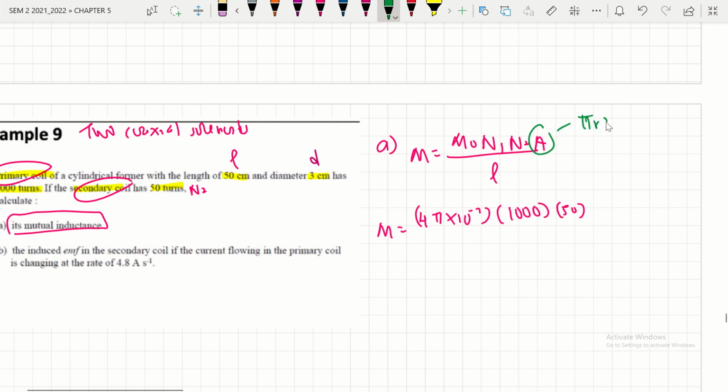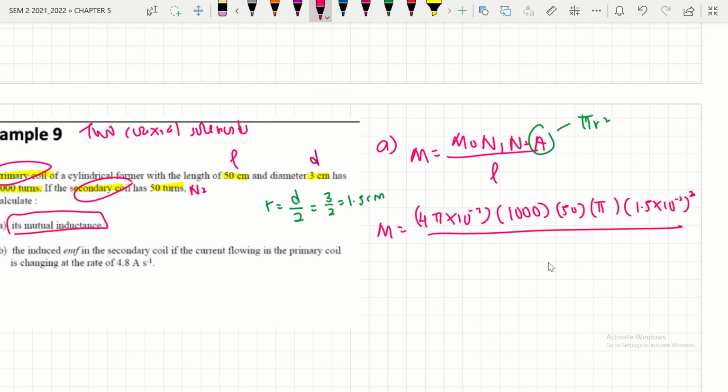We only have the diameter, but we can find the radius: diameter divided by 2 gives 1.5 centimeters. So it is pi times r squared, with 1.5 converted into meters, divided by the length of the cylindrical former, which is 50 centimeters. You will get a mutual inductance of 8.88 times 10 to the power of negative 5 henry.